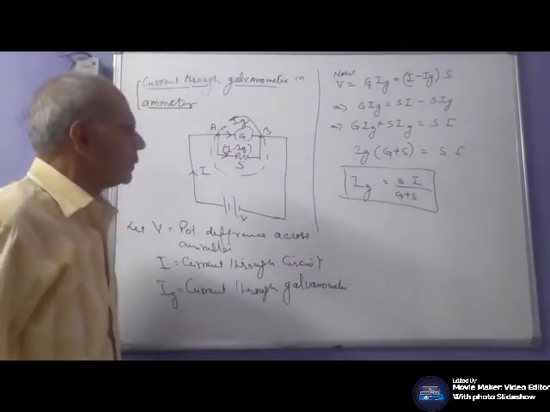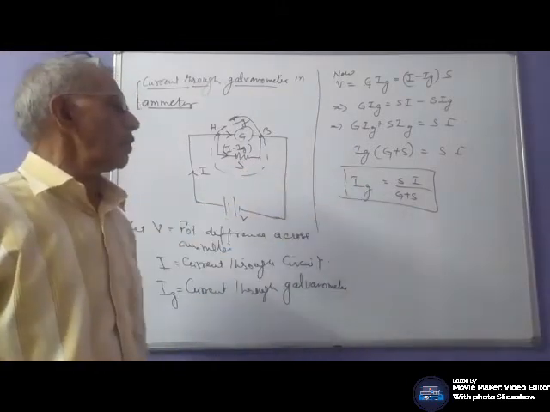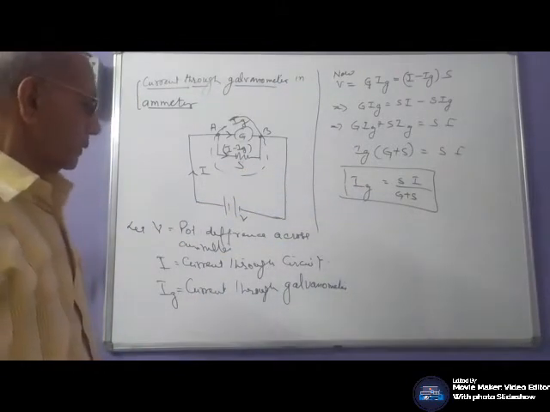This is the expression for the current through the galvanometer in the ammeter.